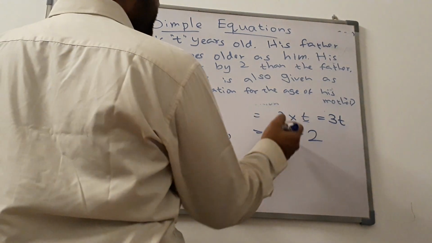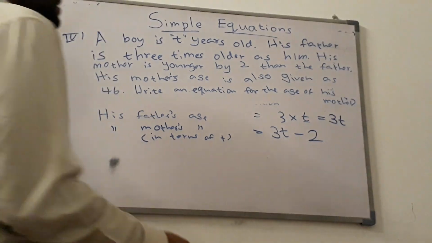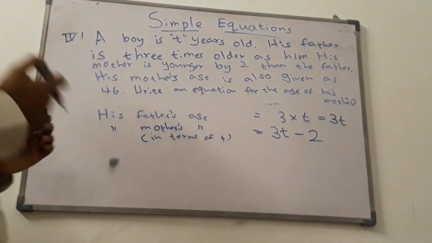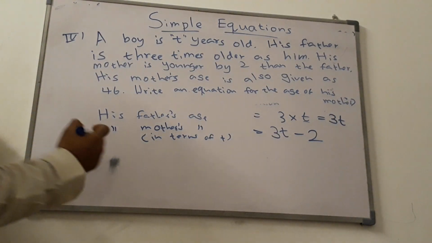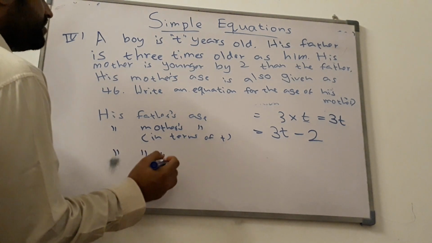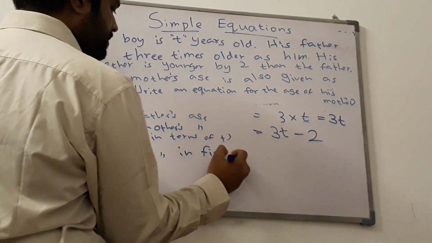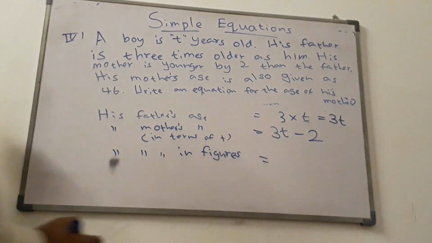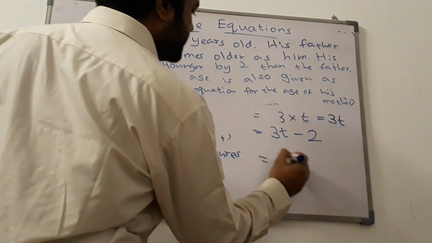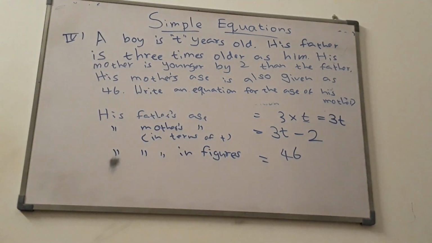Father is 3t, so less by 2 means you have to subtract 2 from 3t. And mother's age is also given in figures as 46.